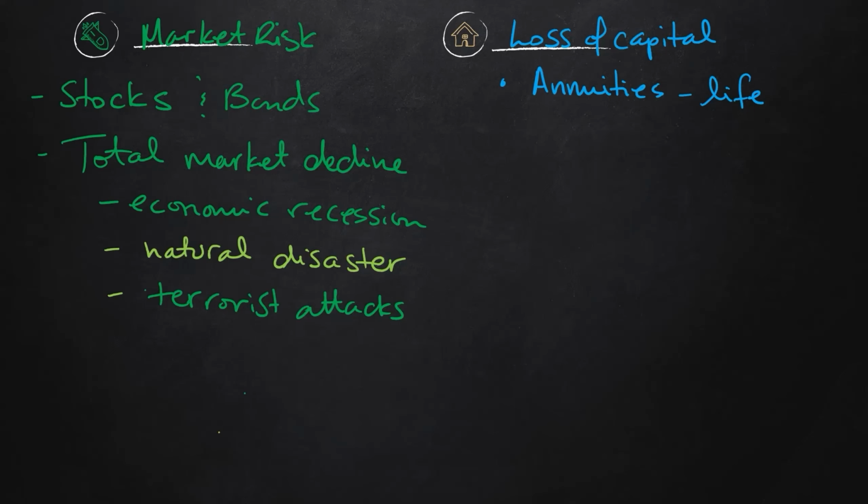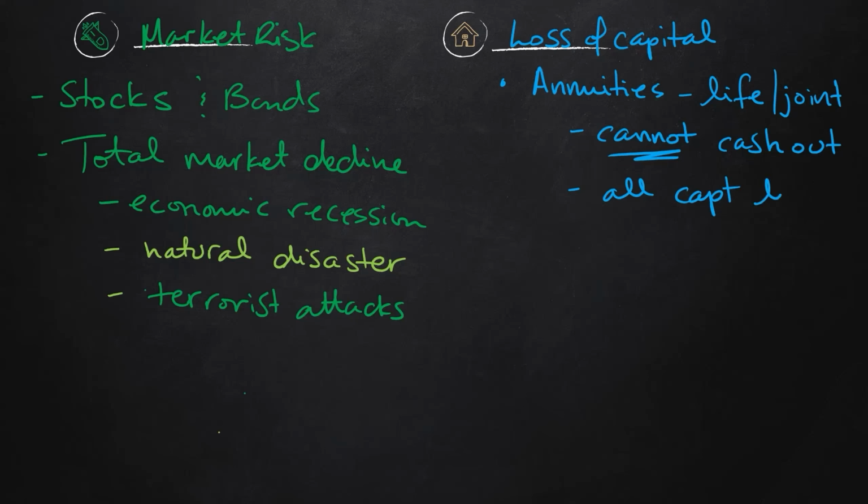Let's say, for example, your client sets up a life annuity with no guarantees. They put $10,000 into that annuity and they're receiving their payments, and after 2 to 3 years, they pass away. There are no guarantees put onto this life annuity, and so those payments stop. Any capital that was initially invested, nobody receives that back, and the insurance company is within their rights in the contract to keep that capital.